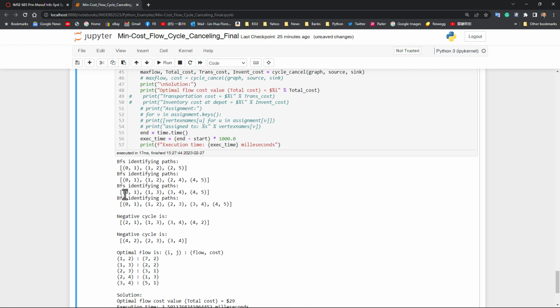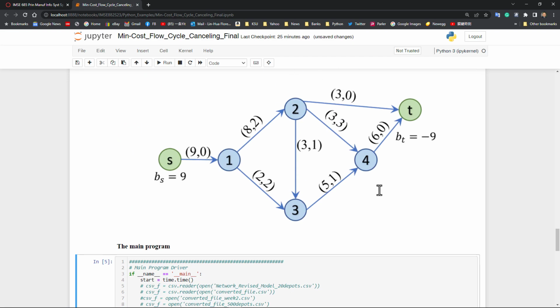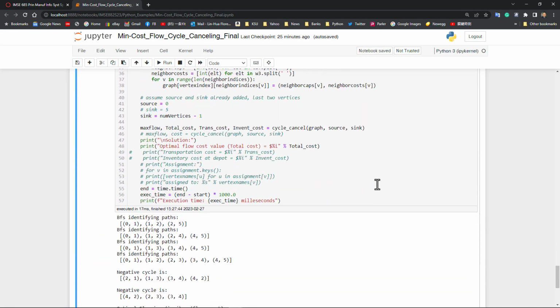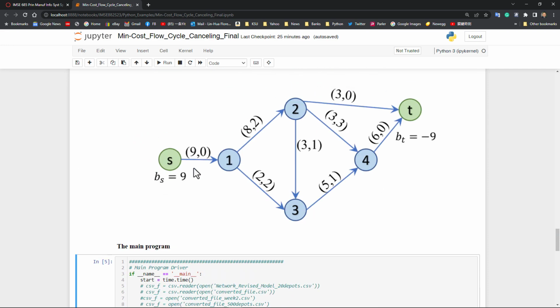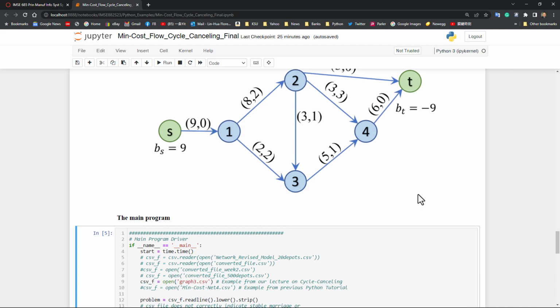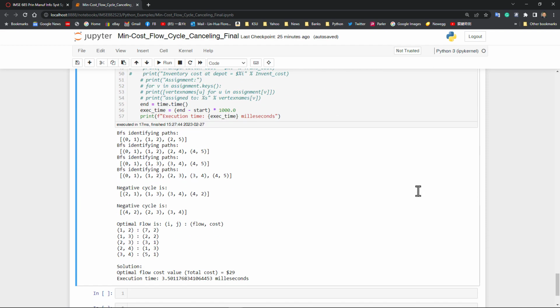The third shortest path is from 0 to 1, 1 to 3, 3 to 4, 4 to 5. And the last shortest path is 0 to 1, 1 to 2, 2 to 3, 3 to 4, 4 to 5.